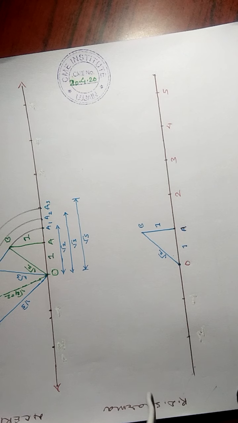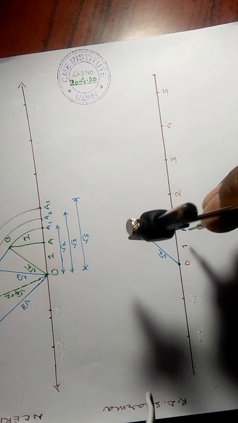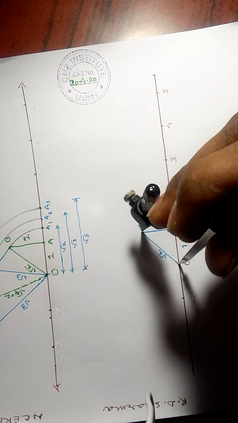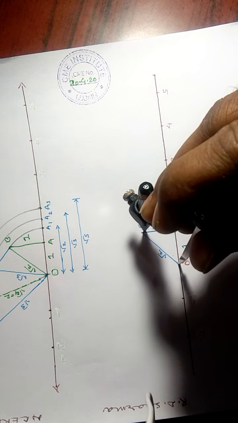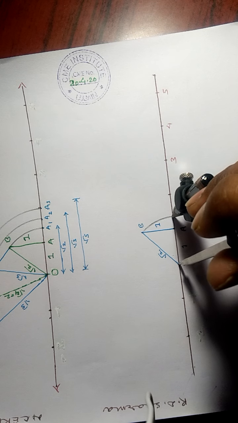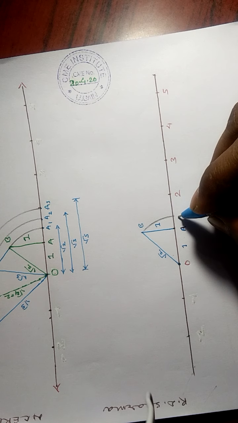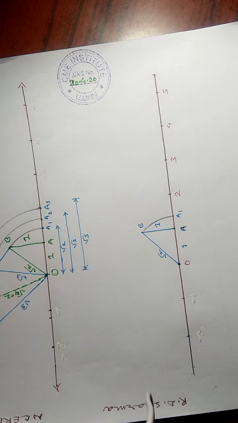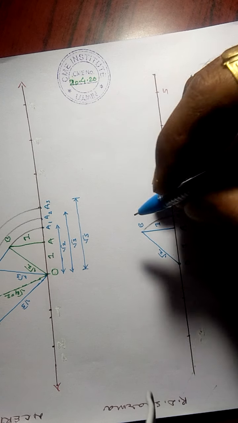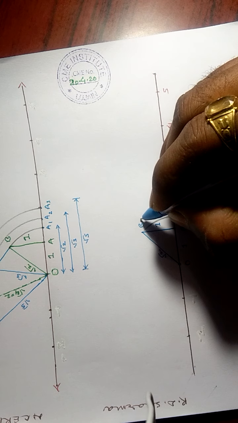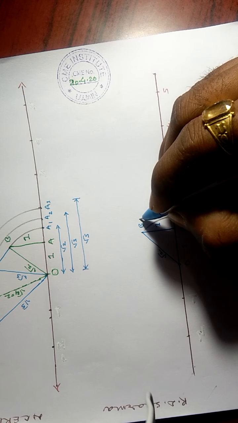Now what you have to do, taking O as a center and OB as a radius, draw a circle, let it intersect the number line at this point A1. Now what is the next step? You have to draw a perpendicular on this number line which is parallel to AB of the same 1 unit.